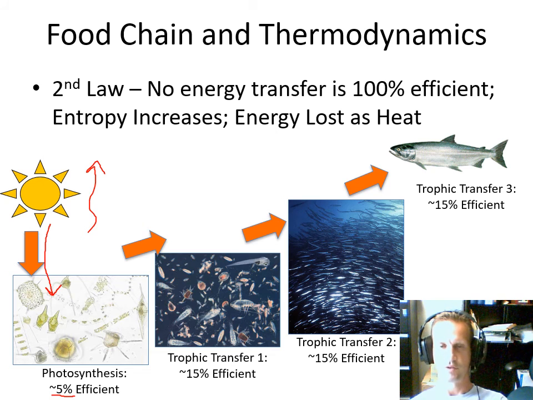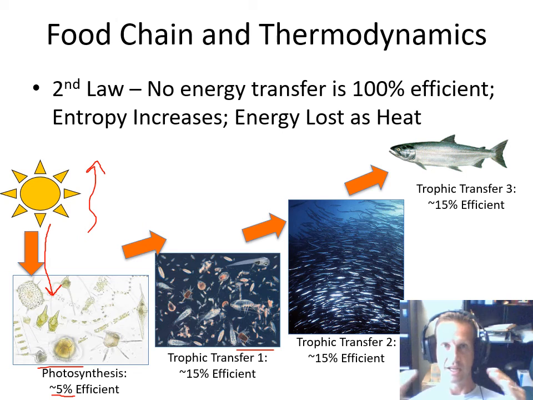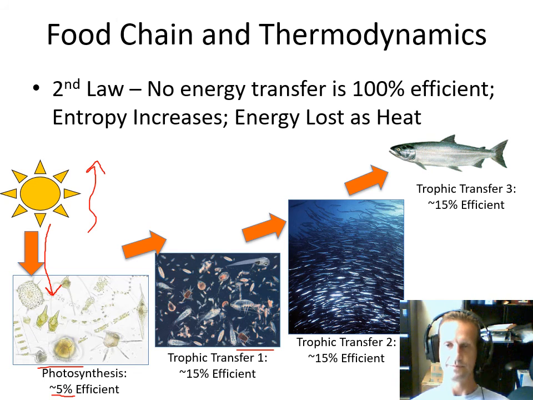And the trophic transfer moving on up the food chain through these cold-blooded organisms, like from zooplankton to small fish to salmon, might also be about 15% efficient. That doesn't mean 15% of the original amount of phytoplankton. That means 15% of the 15% of 15%, and 15% of that. So you could imagine how you're diminishing as you go up the chain.